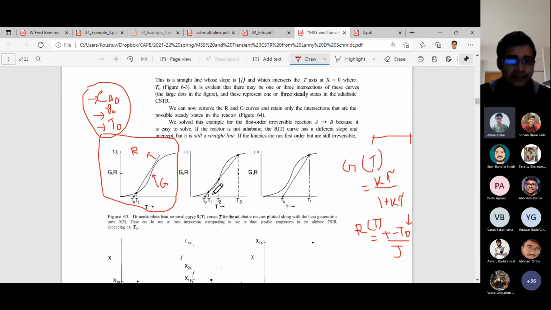So remember, we didn't vary anything about G because tau is constant. Temperature we have set up over some range, let's say 300 to 400 degrees centigrade. But now for the second diagram, the second case which we are analyzing, we have slightly varied the T0, and that resulted in these three dots, that is T1, T2, T3.